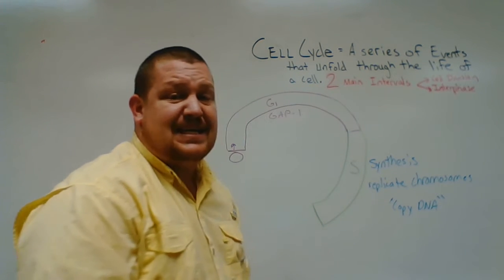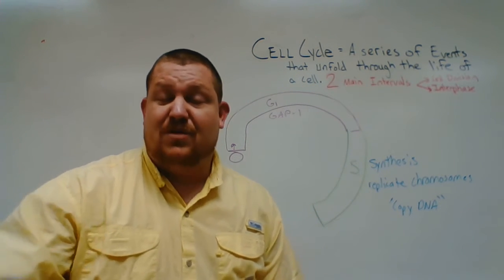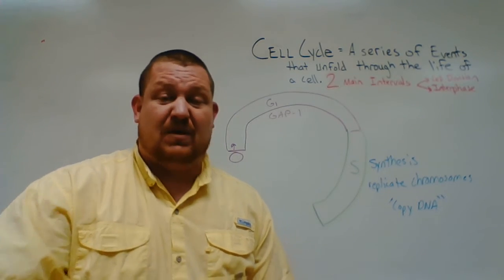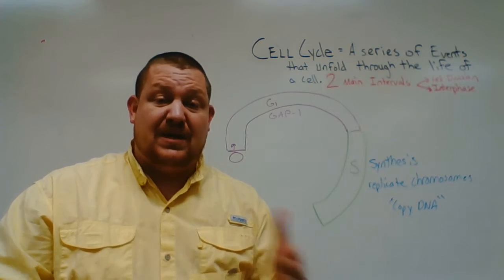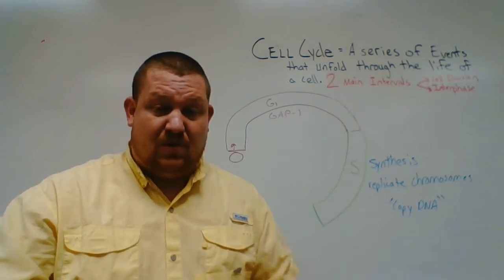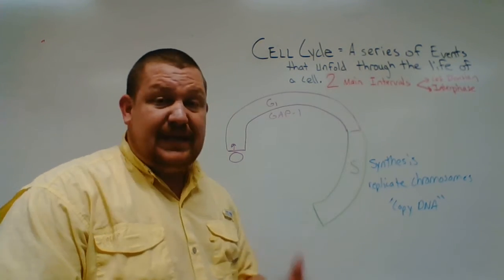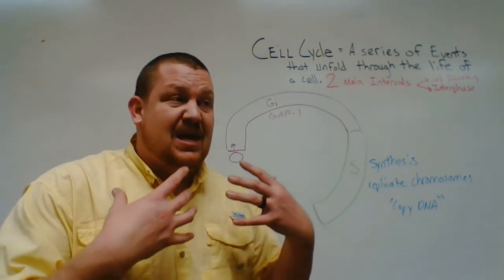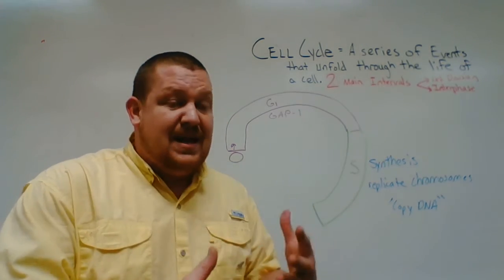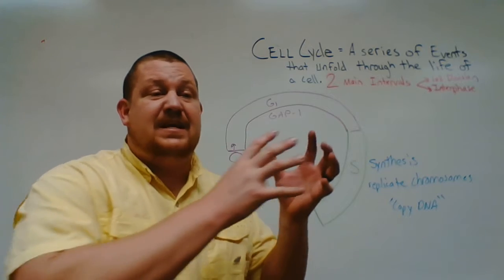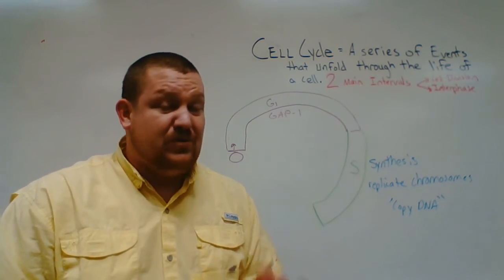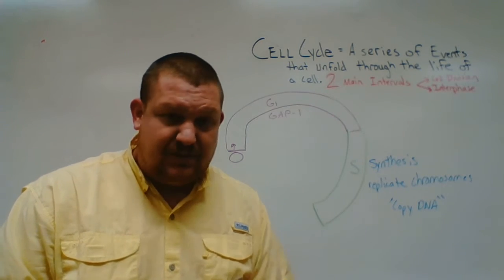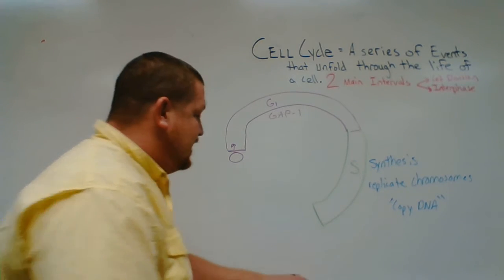We're going to make copies of them so that each cell can have its own chromosome. To do this, we have to copy the sequences of DNA that are in the chromosomes. We have to have a copy of the DNA for one cell and a copy for the next cell, because this is going to produce 2 cells if it's mitosis. So that's synthesis.